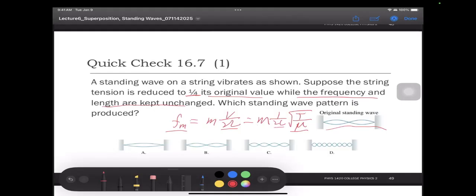Here the tension is reduced to one quarter. For the new mode, we will write it, and it will become 1 over 2L times the square root of one quarter tension over mu, and this will equal the original, L1.